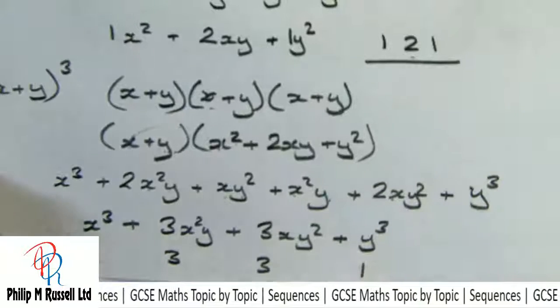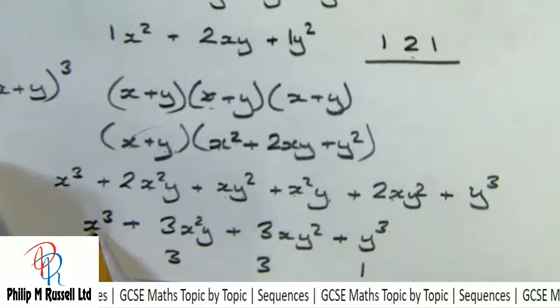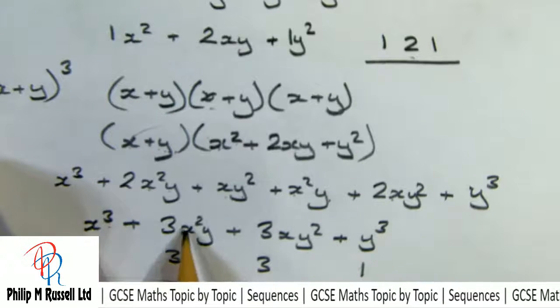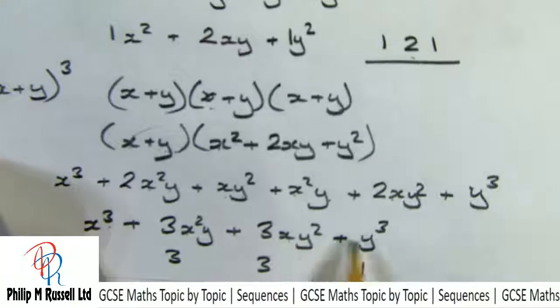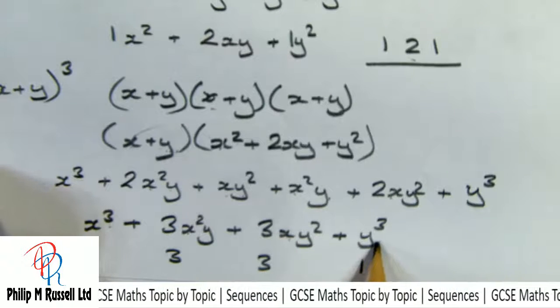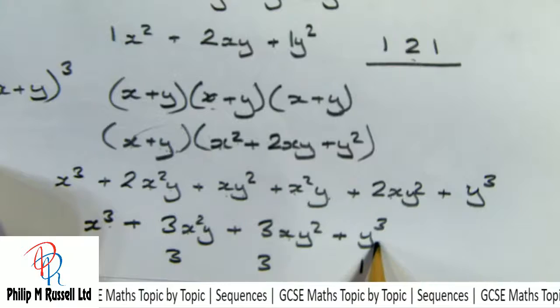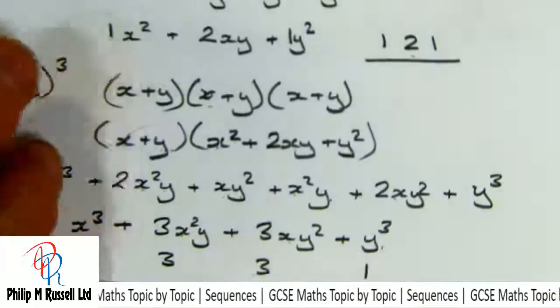Now if we look at this little sequence, my x value is going x cubed, x squared, x, none of them. Oh. So let's put those in.